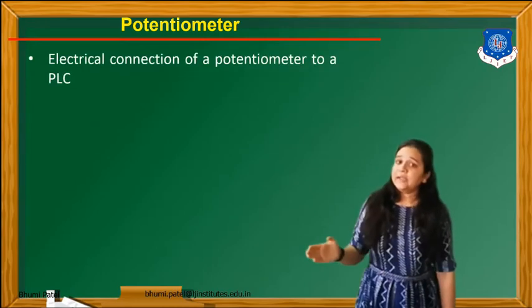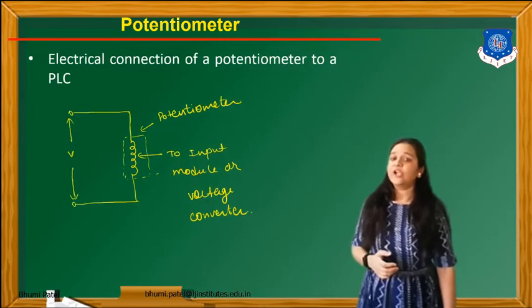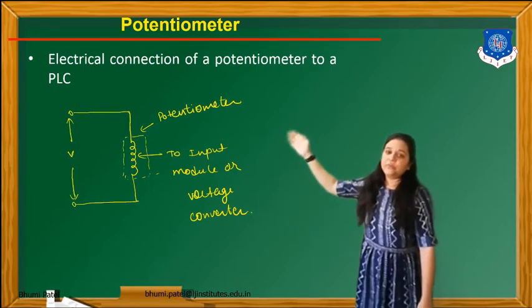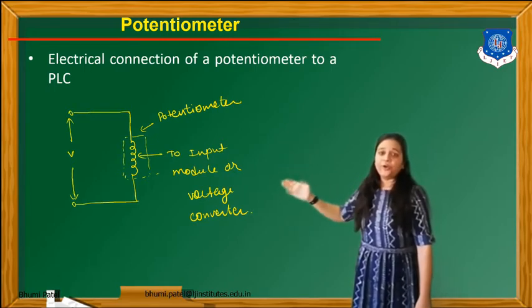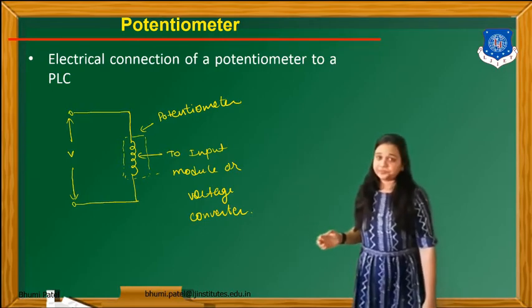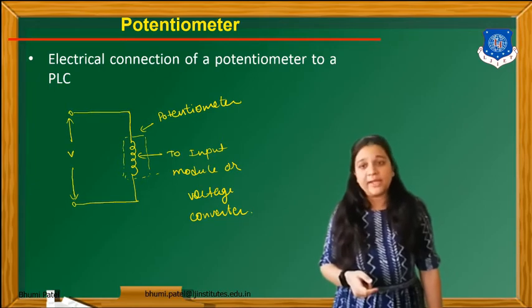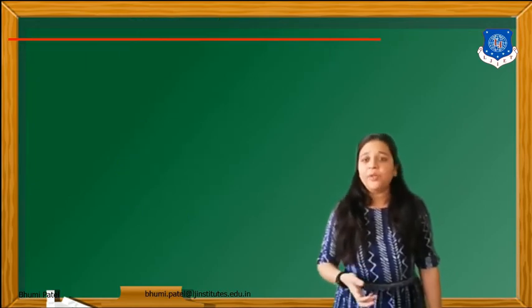The electrical connection of the potentiometer to the PLC is given. Here voltage is applied, and the potentiometer is connected to the input module or the voltage converter. So whenever we change the value of the voltage, we can change the input module.